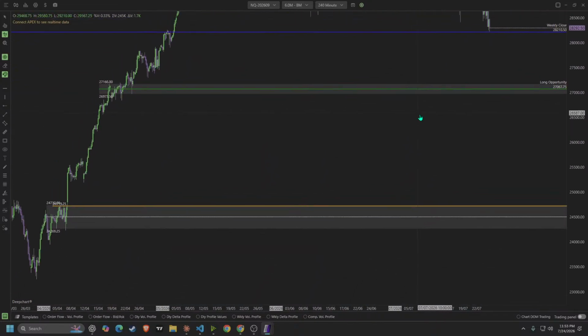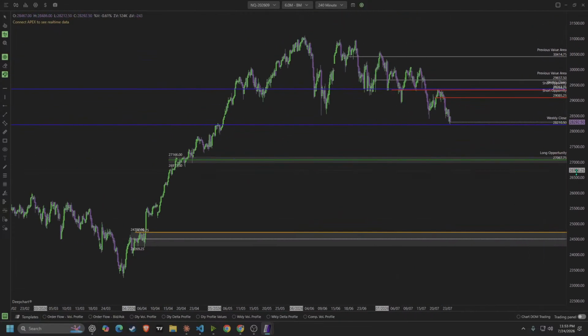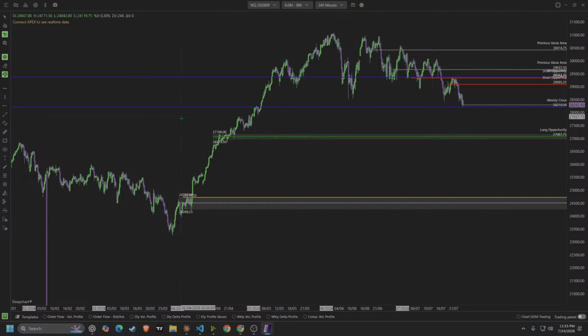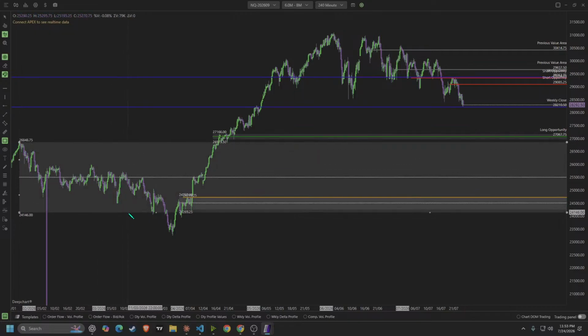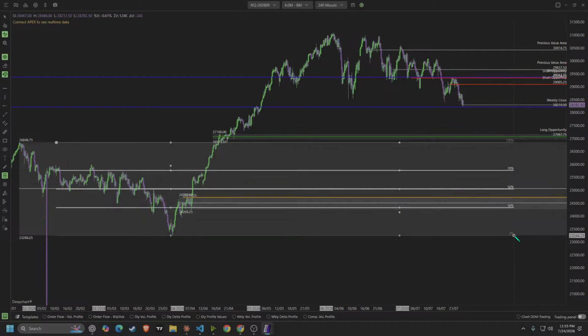This is insane, right? So here's something I like to do. So this is a previous range, right here, a swing high to a swing low. Pretty close to where my entry is. So it's pretty much the golden pocket, right, of this range.